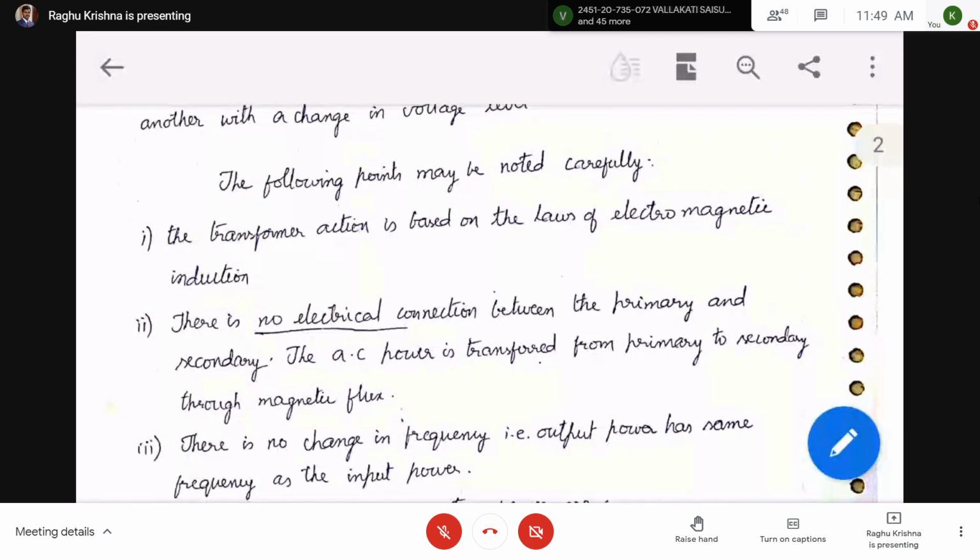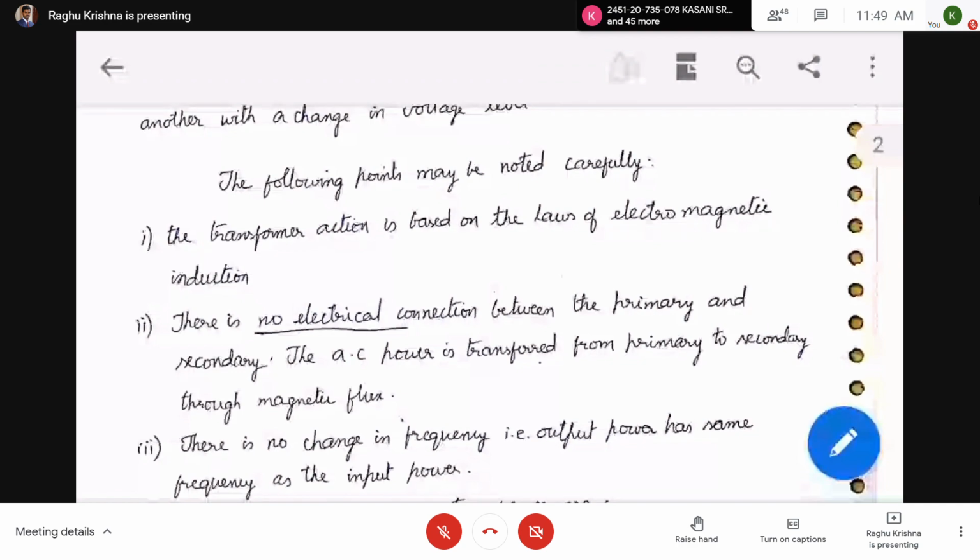See here, the transformer action is based on the laws of electromagnetic induction, that is Faraday's laws of electromagnetic induction. Next, there is no electrical connection between the primary and the secondary. The AC power is transferred from primary to secondary through magnetic flux.